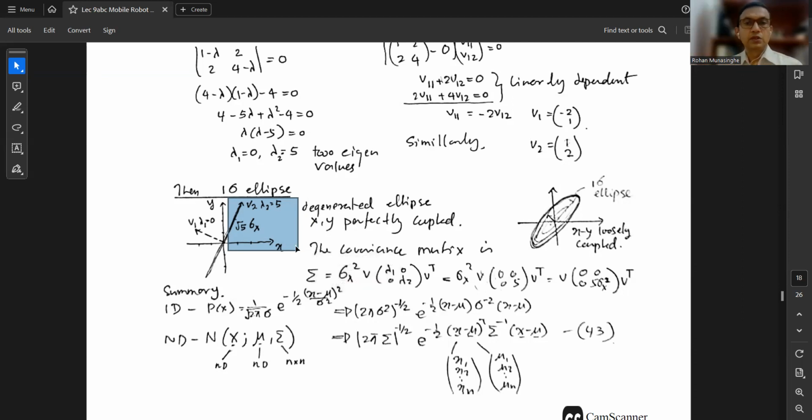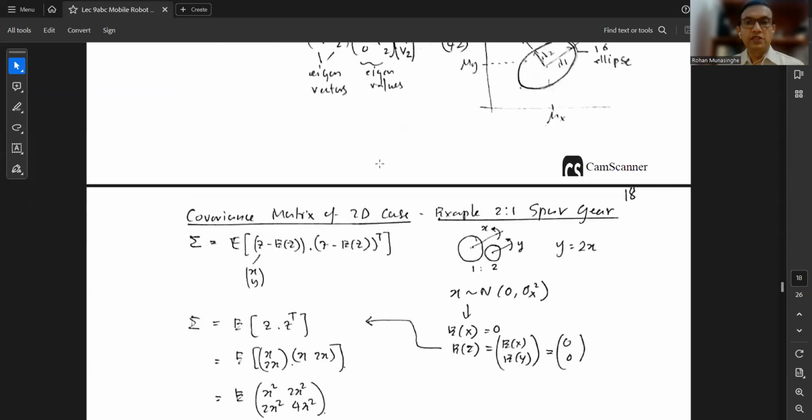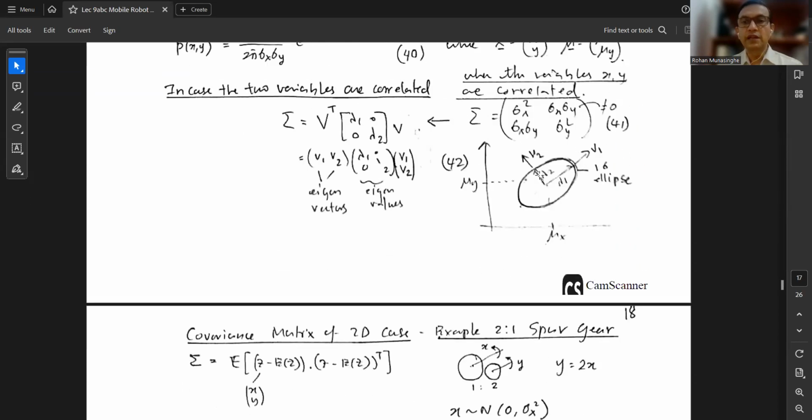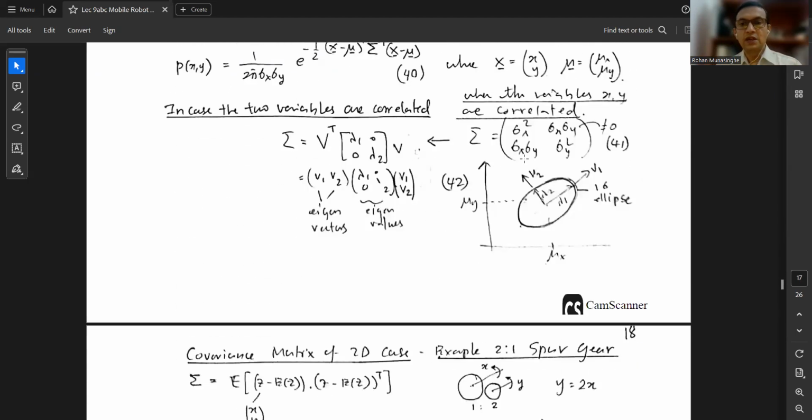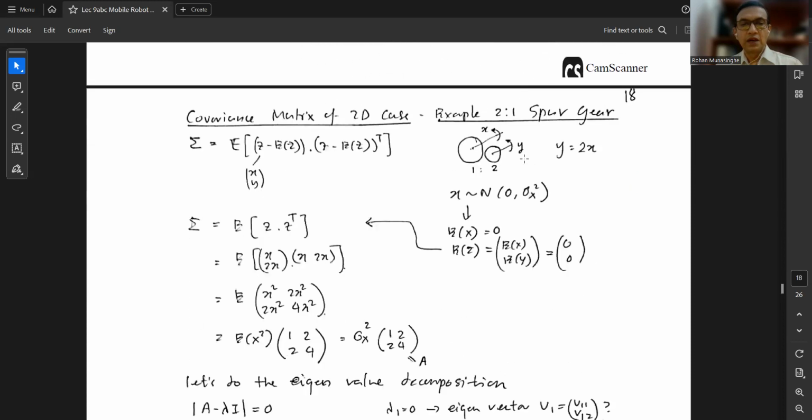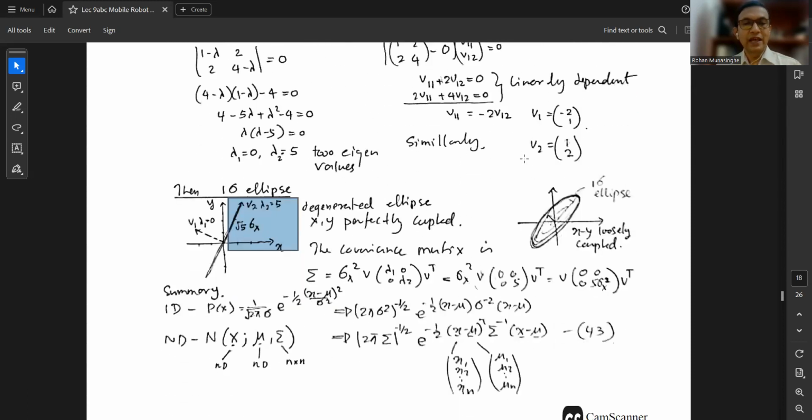Okay. So the error distribution, we saw earlier something like this, an ellipse with the two major axes aligned with the x and y direction. Now it is oriented in one direction.